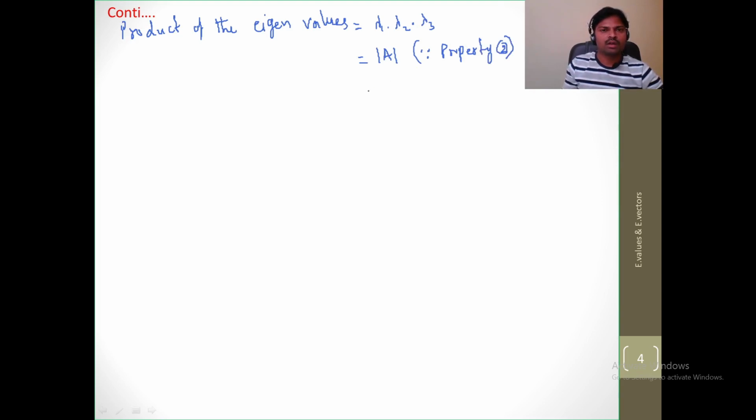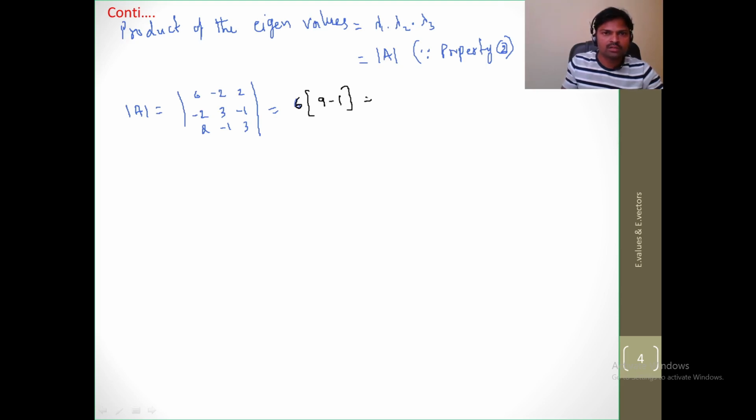Okay, so what is the matrix first? Matrix A, so simply det A is equal to the determinant of 6, minus 2, 2; minus 2, 3, minus 1; 2, minus 1, 3. What is the determinant now? 6 into 3 times 3 is 9, minus 1, so 9 minus 1.